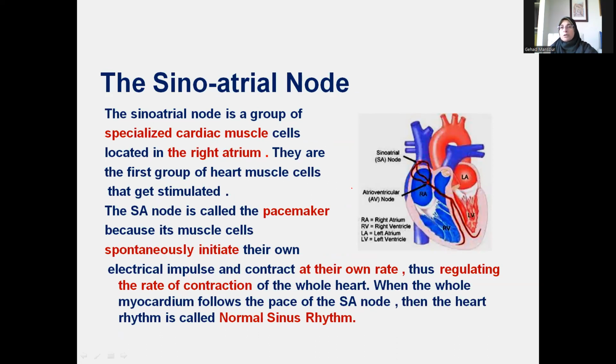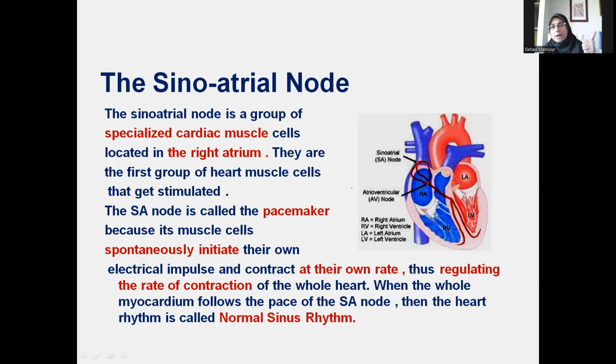Now, what's the importance of the atrioventricular node? The atrioventricular node, as we said, is the spare pacemaker for the heart, but the AV node has an important role that is derived from one important property, the slow conduction.